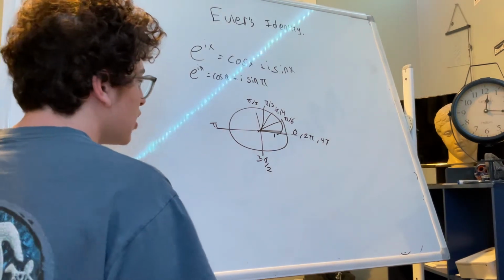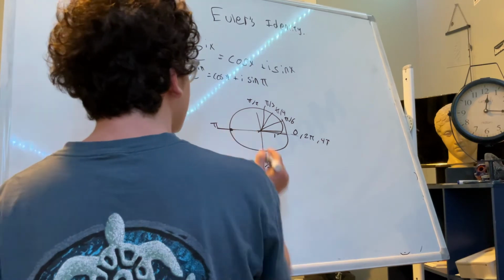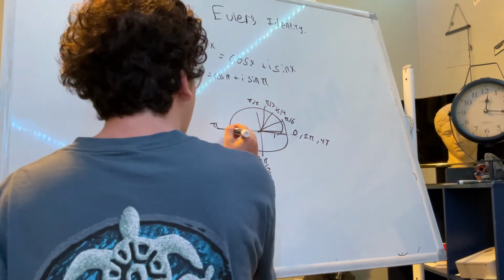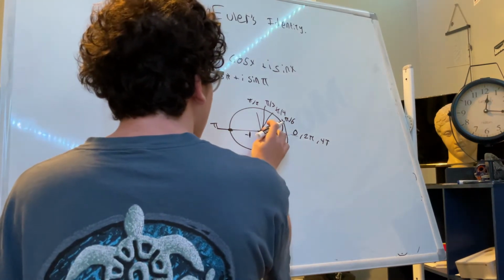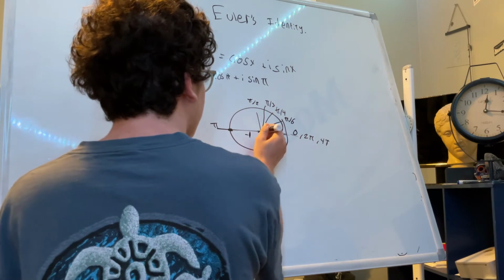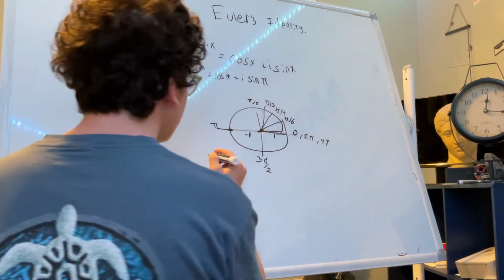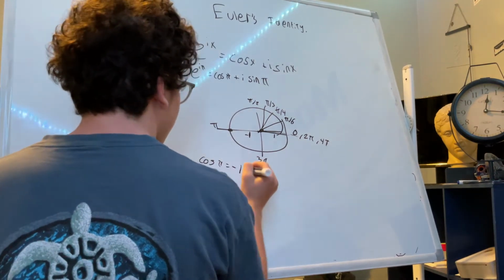Now, we can say that cosine is simply the x value at this point. At this point here, we can see that we've moved over -1 units from our origin. We know this because that's our radius. Therefore, cosine of pi is equal to -1.